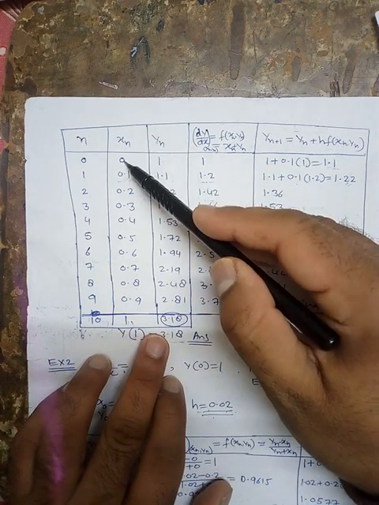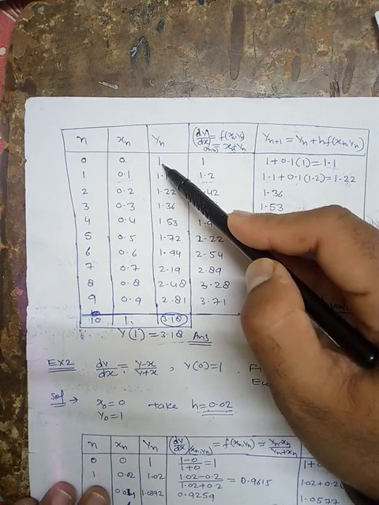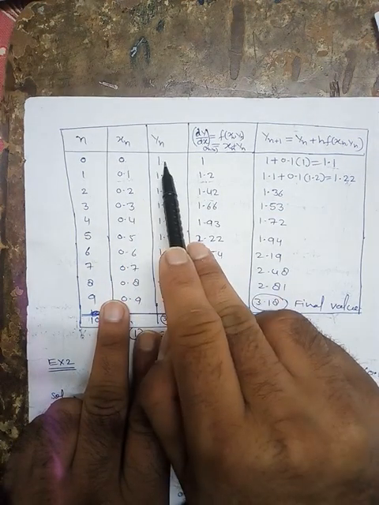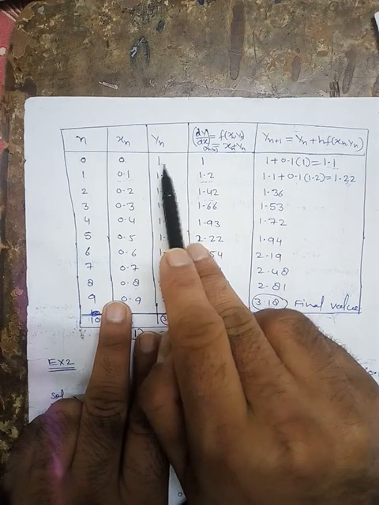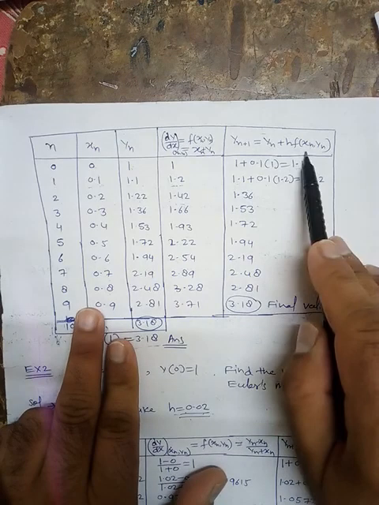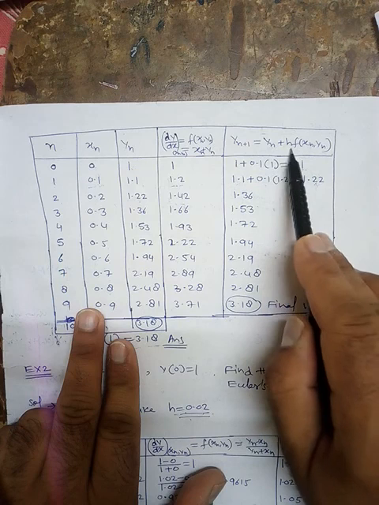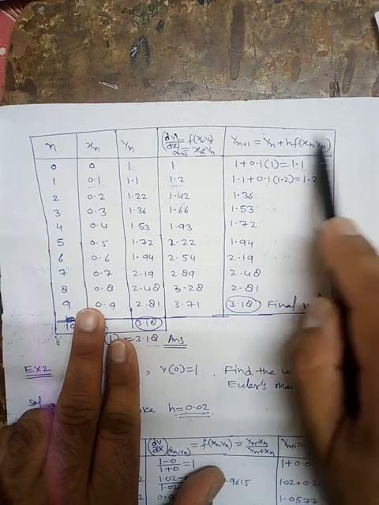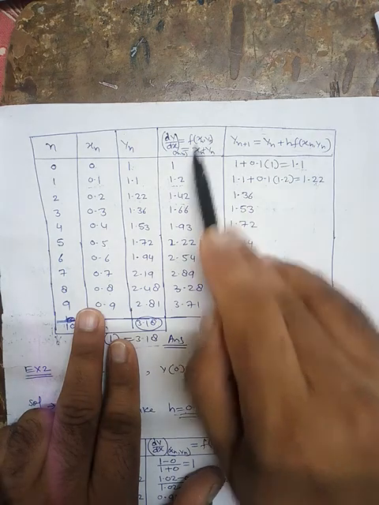Corresponding y: at 0, the value is already given to you, 1. Now use this xn and yn and use this formula: yn plus 1 is yn plus h f of xn and yn. You need to find f of xn and yn, which is evaluated in this column.